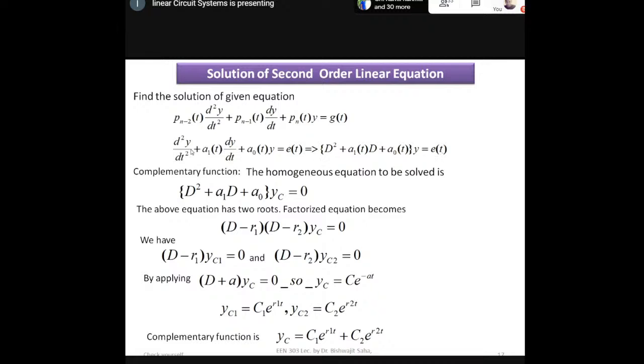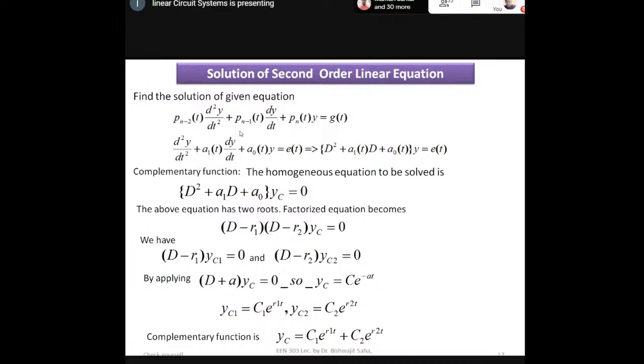If you look at the second equation, the coefficients of each term have changed, because we have taken the common term Pn minus 2 of t out.